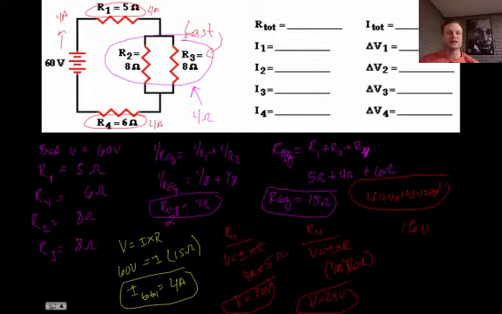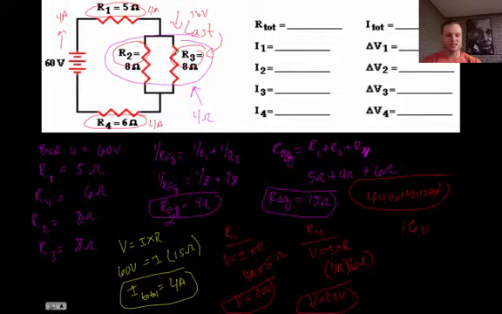Okay, and so what that's saying is there are going to be 16 volts going through this parallel portion of the circuit. All right? And if you remember, in a parallel circuit, the voltage drop is the same at resistor 2 and at resistor 3. So both of them are going to experience a 16 volt drop.